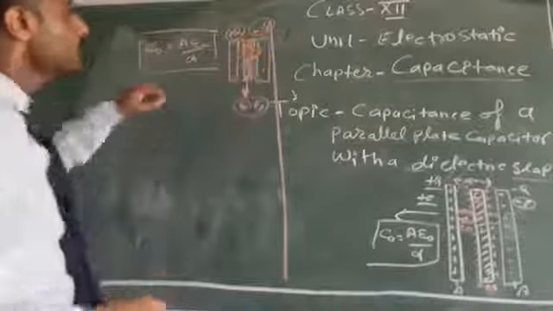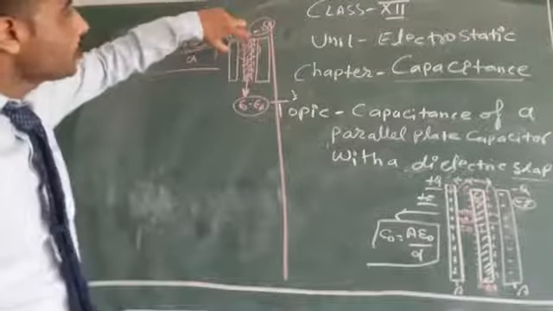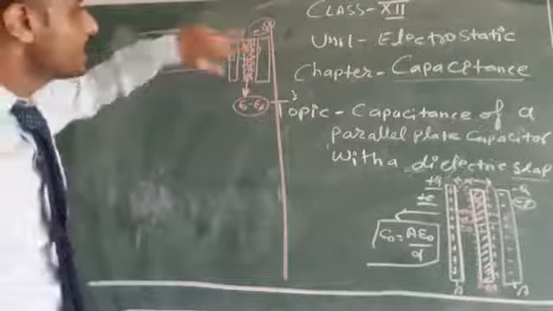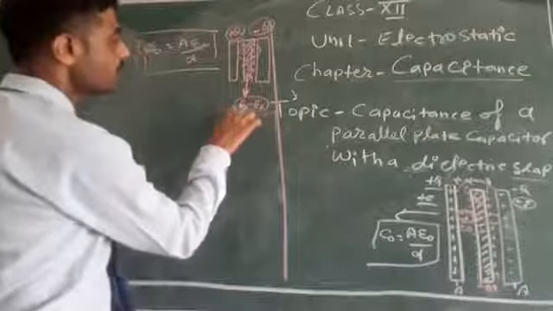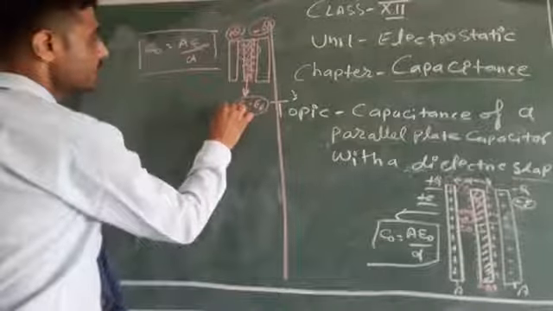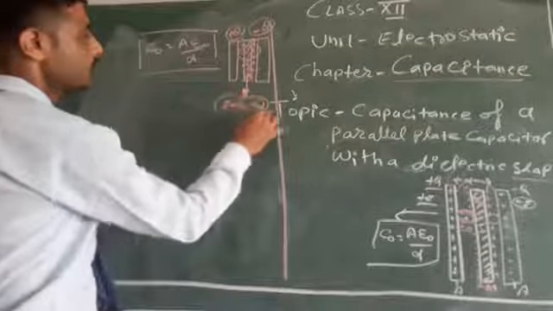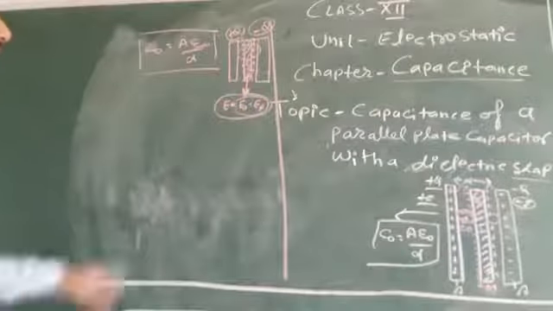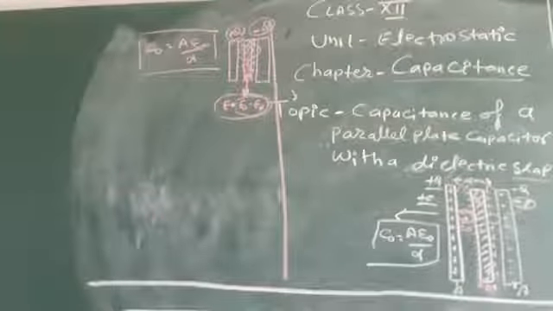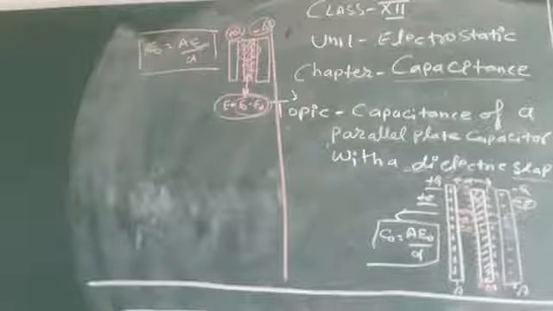So that's why the resultant electric field inside the slab is E naught minus E P, and it is E. So E equals E naught minus E P.